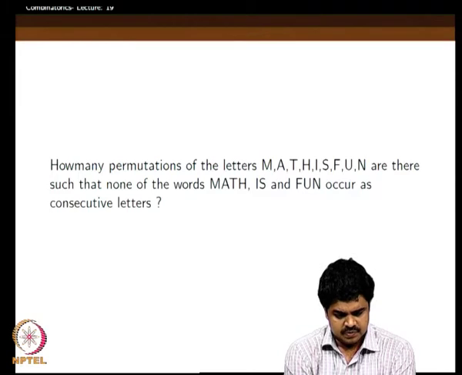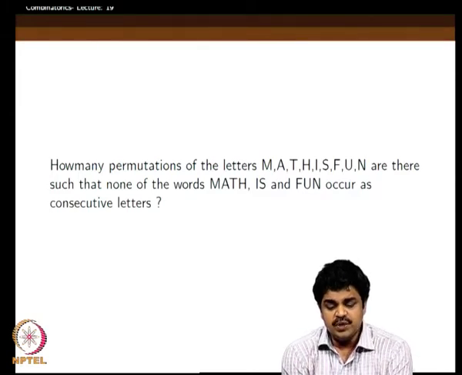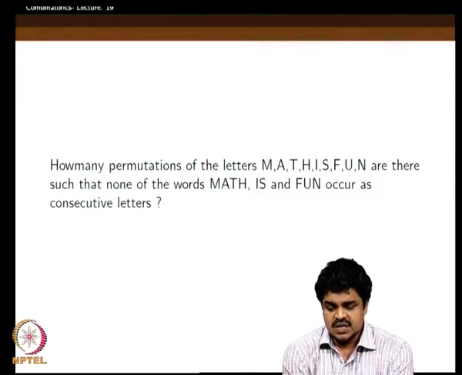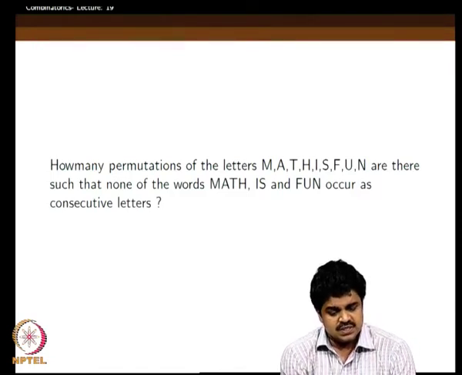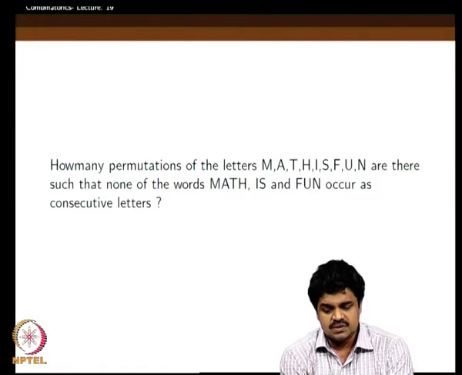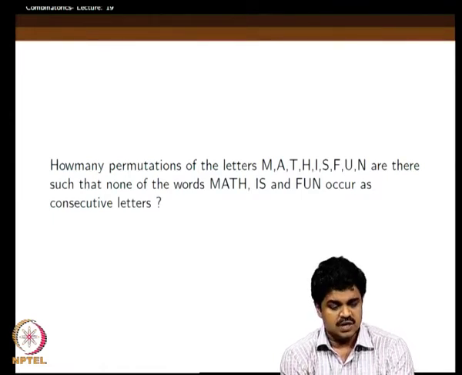Here is a question about permutations. How many permutations of the letters math is fun are there such that none of the words math, is and fun occur as consecutive letters.